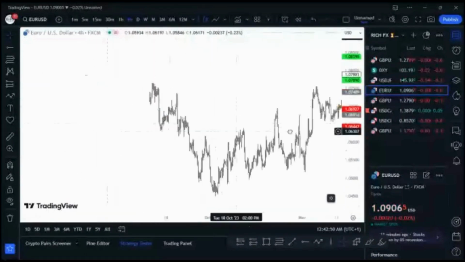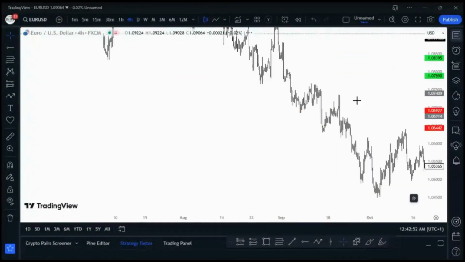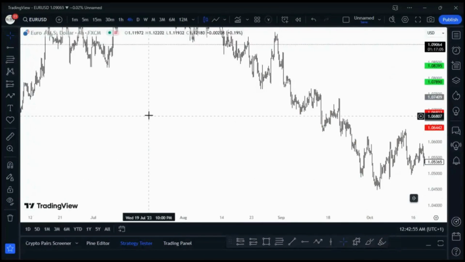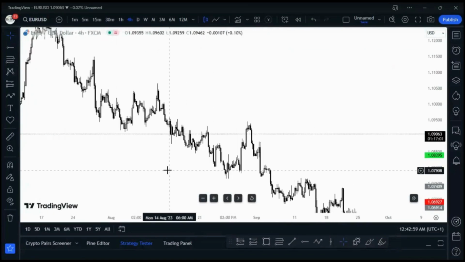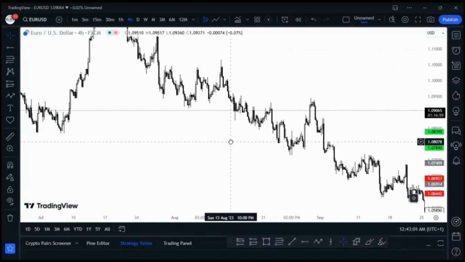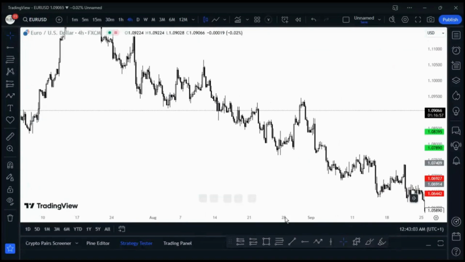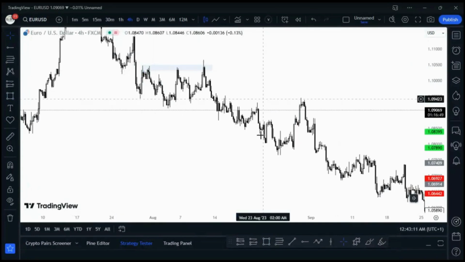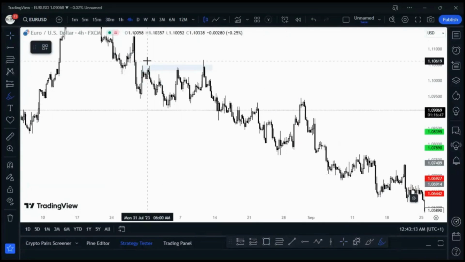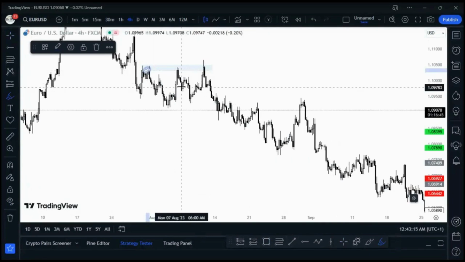This market has been making significant highs and lows. I think we've spotted an example here. Good. This here is a resistance level. You can see the market after rejecting comes here and then does what?